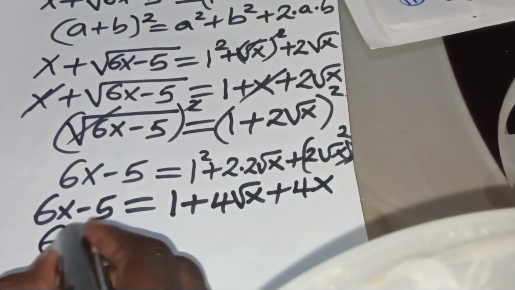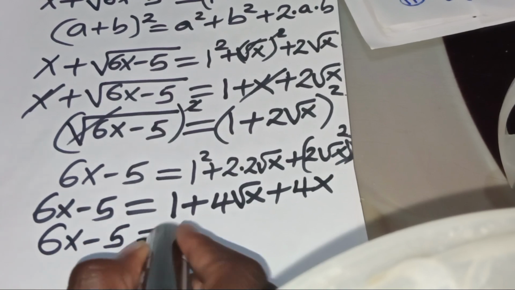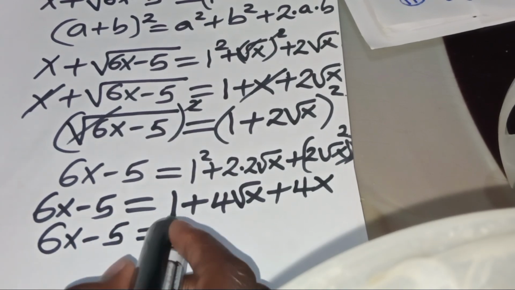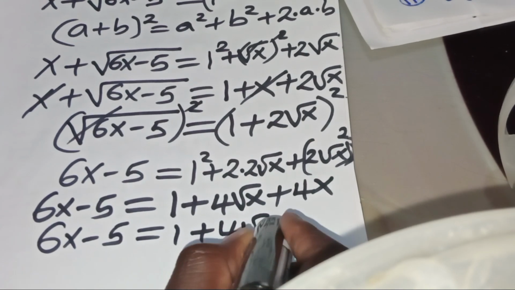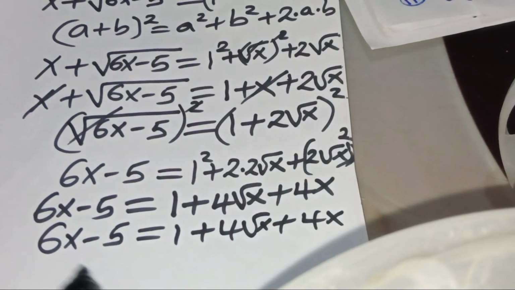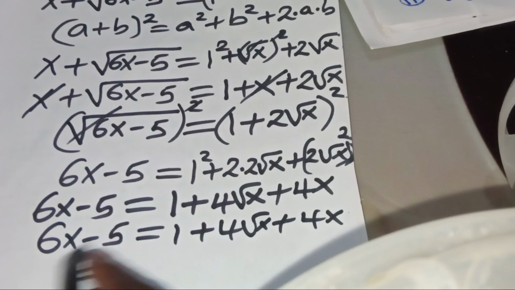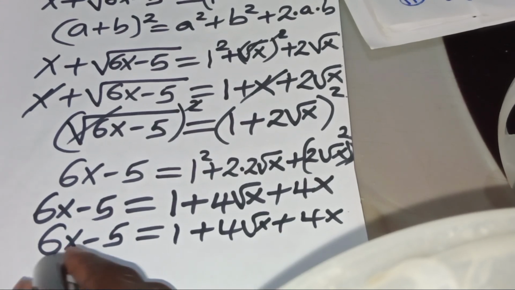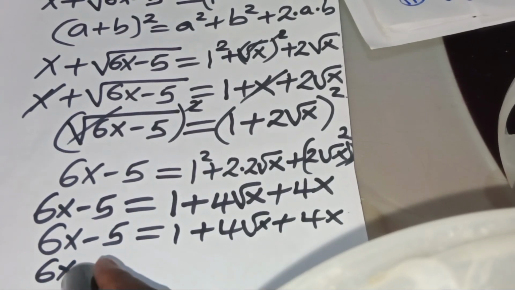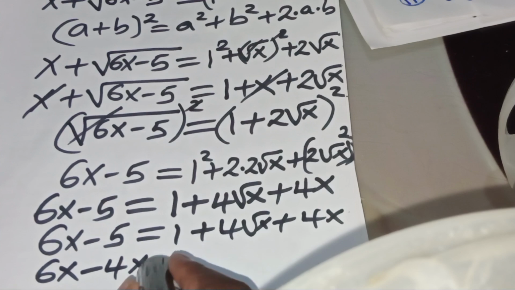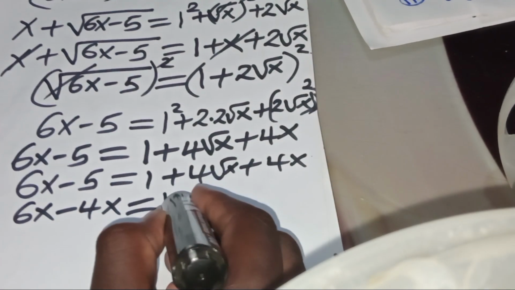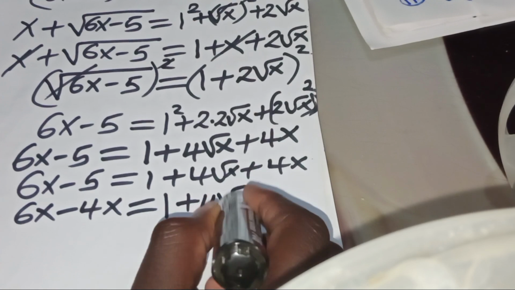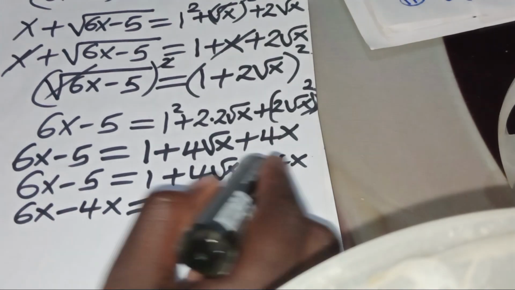So here we have 6x subtract 5 equal to 1 plus 4 square root of x plus 4x. Let's collect like terms together. So we'll have 6x subtract 4x equal to 1 plus 4 square root of x plus 5.